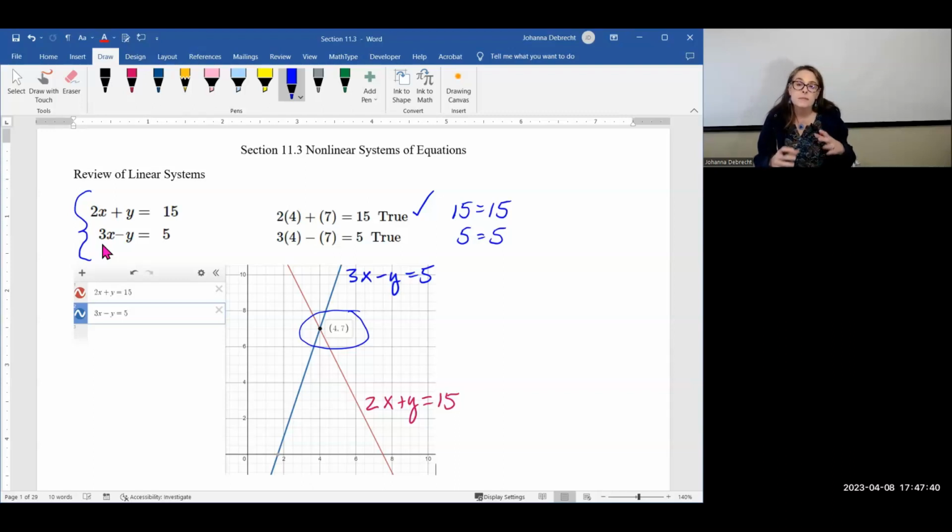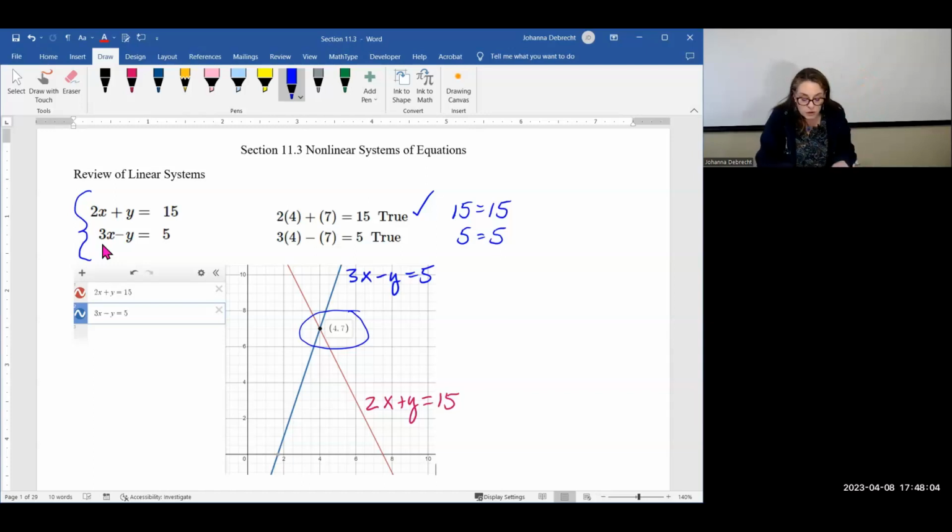If I get a true statement in both, then it is a point where those two curves have to cross or intersect or touch. And in the case of lines, if we find one solution, that's the only solution, other than if they're the same line. If they're the same line, we have infinitely many solutions, but only points on the line.